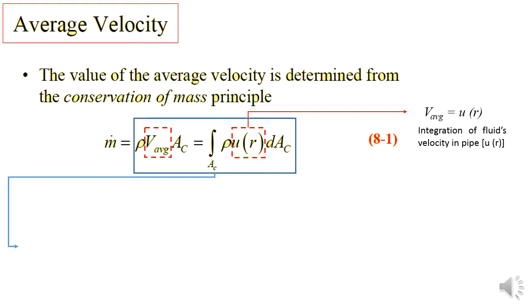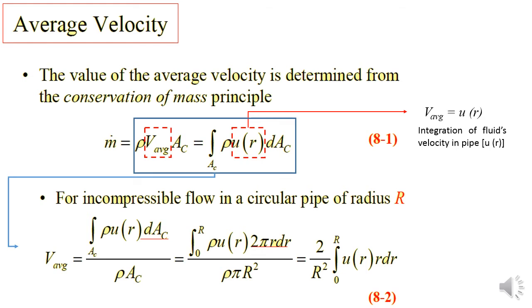Then from this equation, which I put in the blue rectangle, we can convert it into V average, as you can see in the bottom equation, for incompressible flow in a circular pipe of radius R. So V average is equal to the integration of rho u as a function of r dAc, divided by rho Ac.